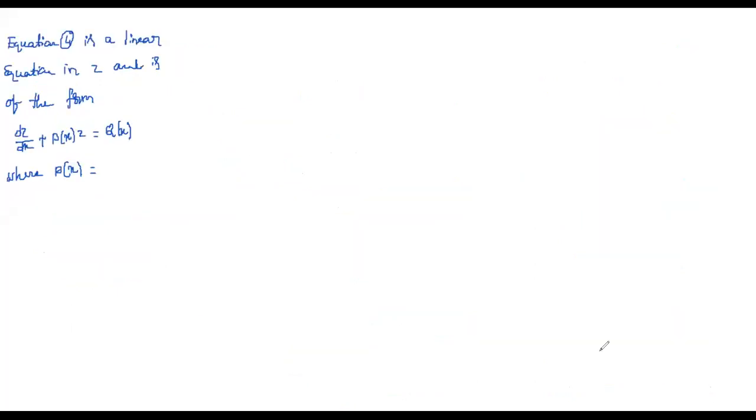So minus 5 by x is p of x, and x squared is q of x.